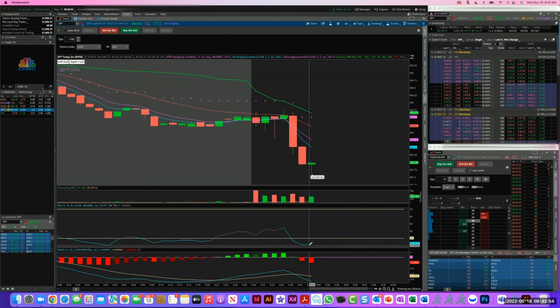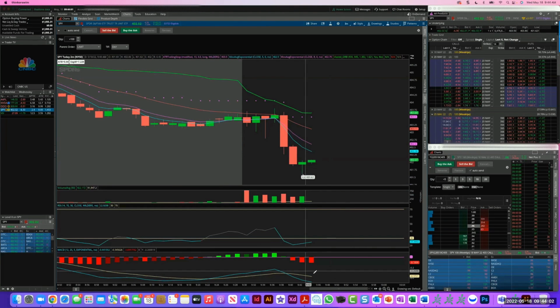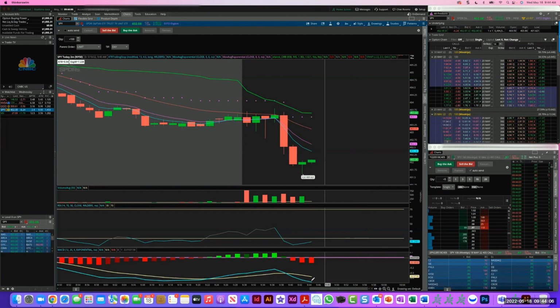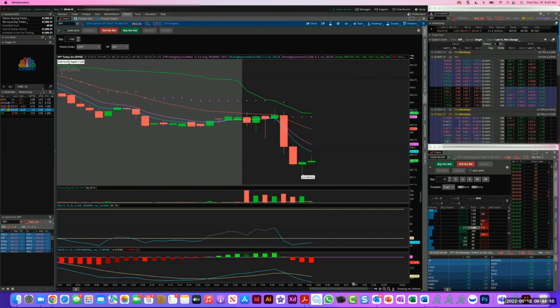All right, so we've got a turn on the RSI, but we don't have any confirmation yet on our MACD. Looks like it's trying to flatten. So we're going to just give it a little more time.